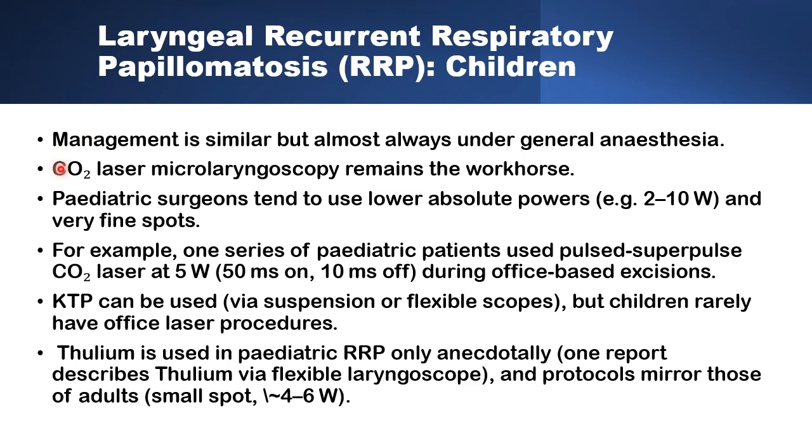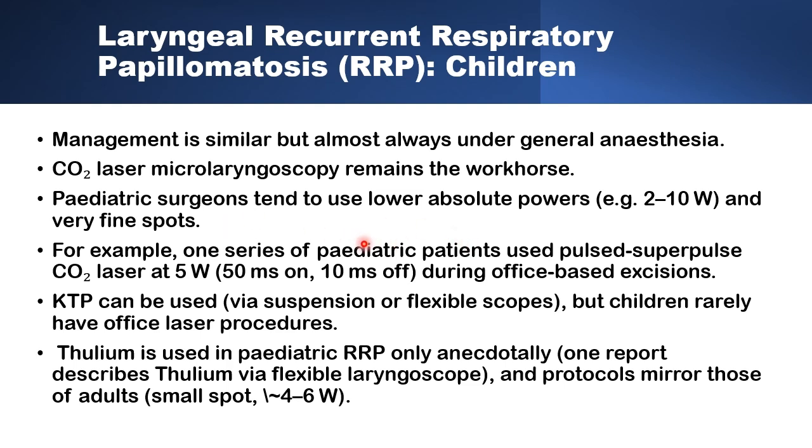Carbon dioxide would remain the workhorse, and usually it would need lower absolute power, sometimes as low as 2 watts, and very fine spots because of the smaller dimensions of the children's larynx.